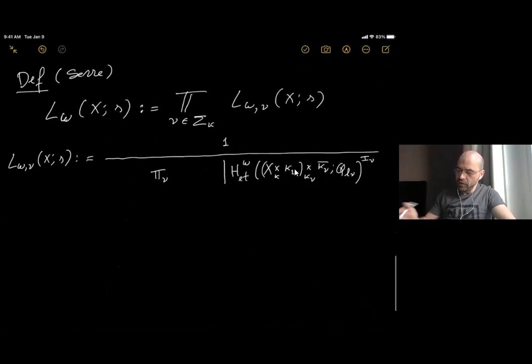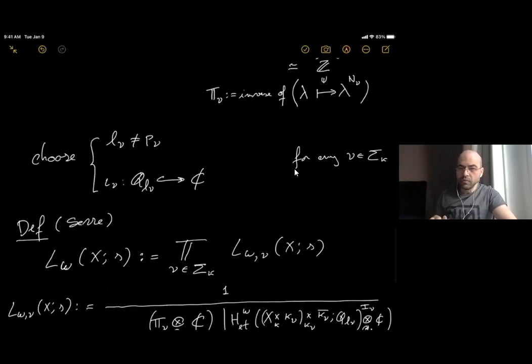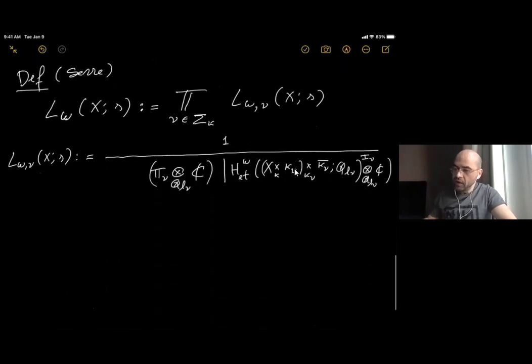So I really need to base change this to C first, using this embedding that I've chosen. And then I take the characteristic polynomial, and then I replace t by the cardinality to the minus s, so identity minus, and take the determinant.